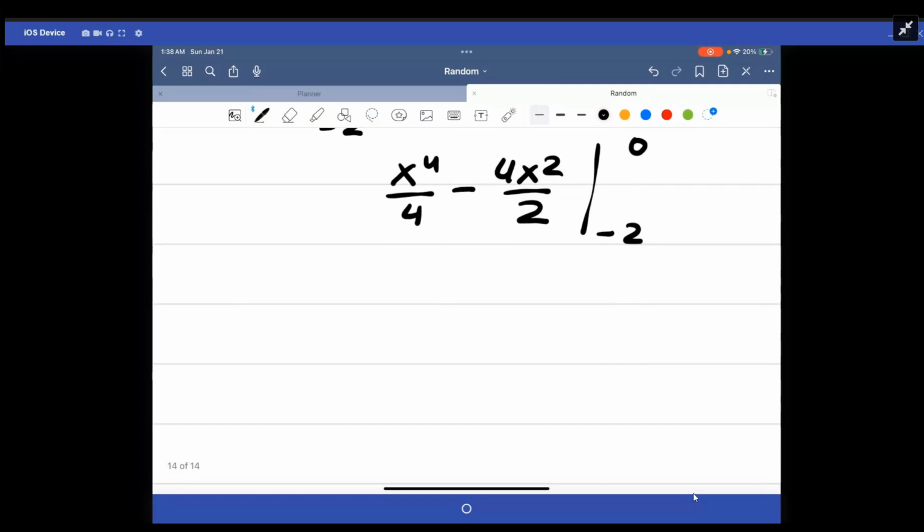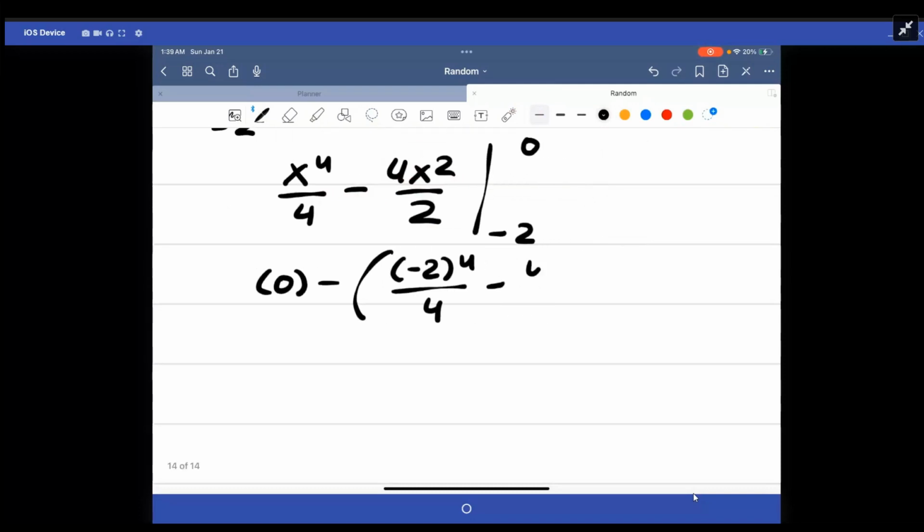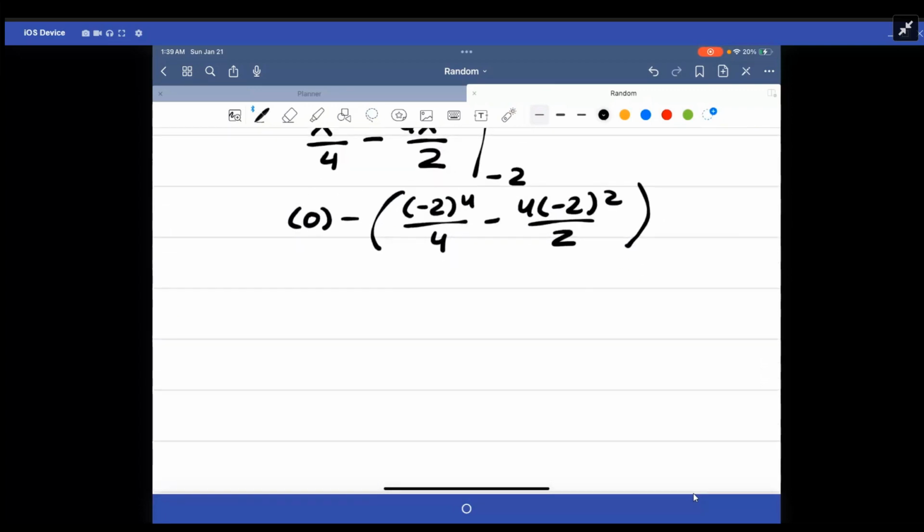If you plugged in 0, it would just make it 0 because x is in the numerator. So let's just say 0 minus, for -2, (-2) to the power of 4 divided by 4 minus 4 times (-2) squared divided by 2. So we just plugged in -2.